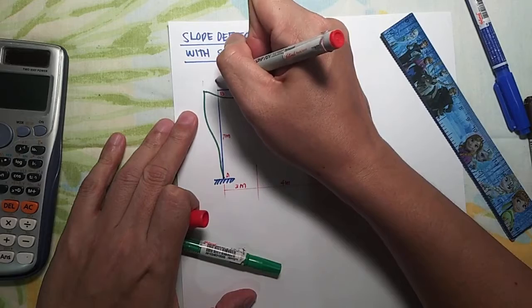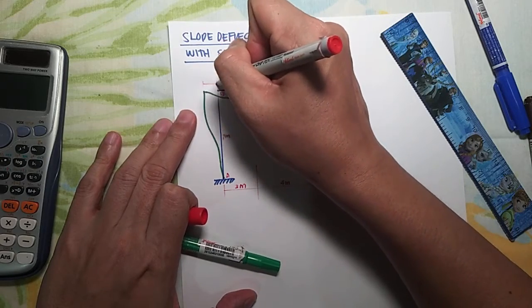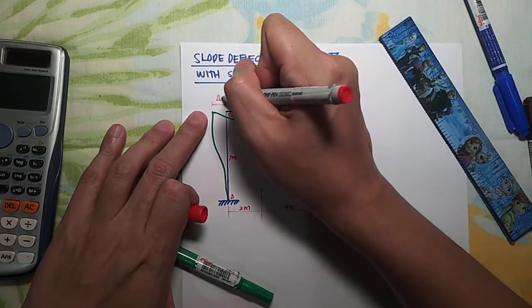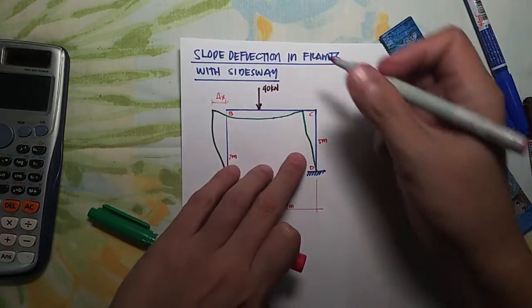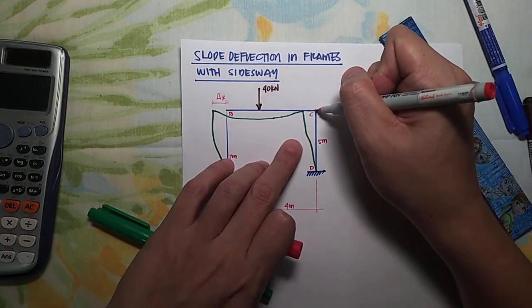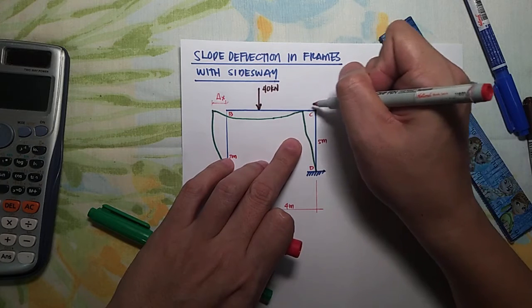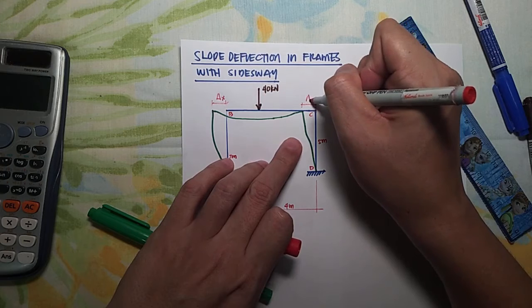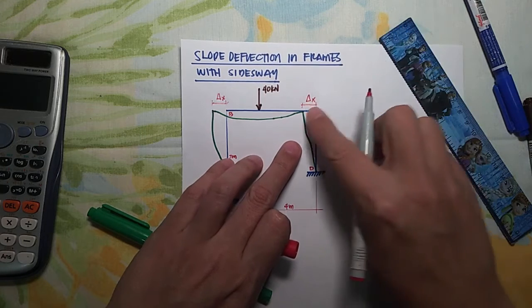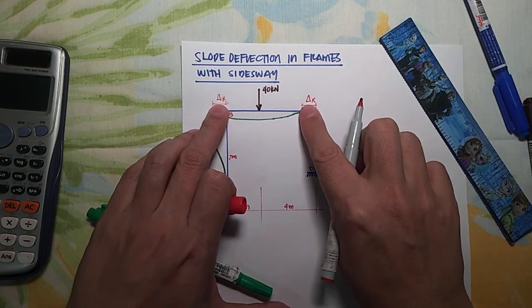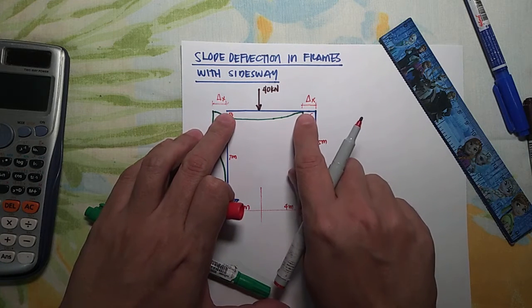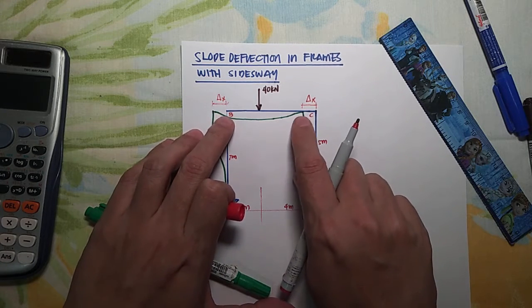For that case, the horizontal movement of joint B, let us call it delta X. And the horizontal movement of joint C from here to this point, let us also call delta X. Delta X here is the same as delta X here, because we are assuming that there will be no axial deformation for member BC.